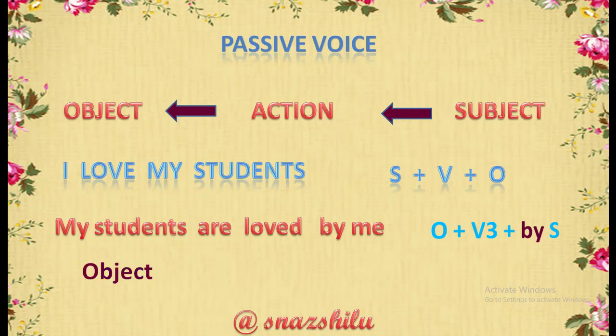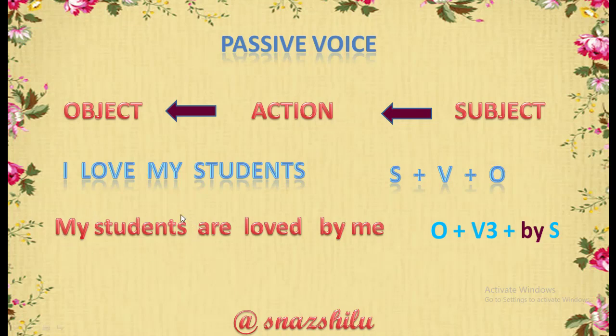Now, if I convert the sentence that we just discussed, it would be, my students are loved by me. Here, my students is the object, loved is the verb's third form and by me is the subject.